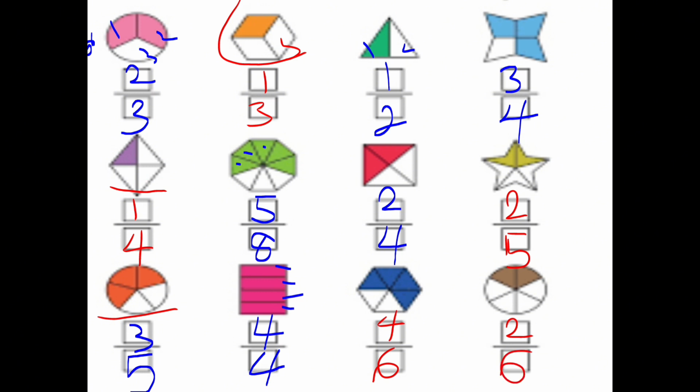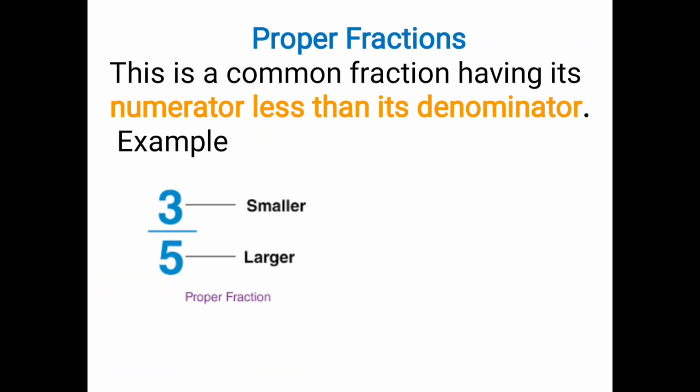Do you understand? Good. So having gotten the fact that for a fraction, we have numerator and denominator. Numerator is the figure above and denominator is the figure below, right? Good.